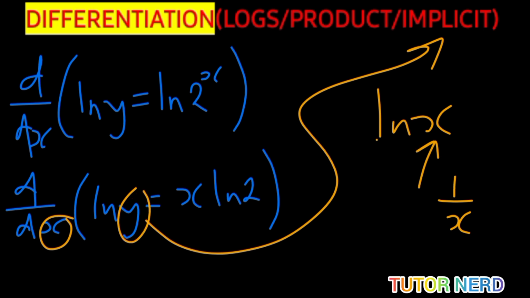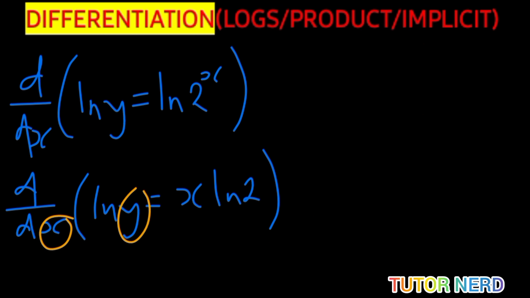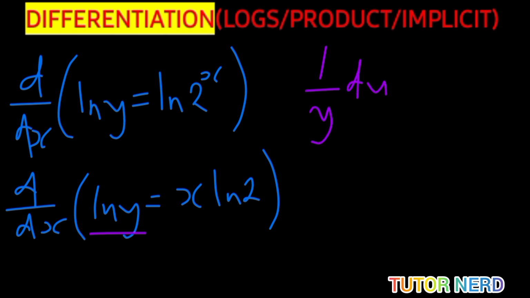So what I mean is this: here, ln y, if we differentiate this part, we're going to have 1 over y, but we're going to add dy over dx.